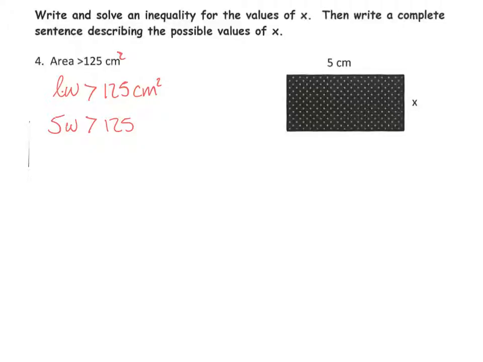Okay, so I want the area to be greater than 125. So that's why we need to figure out what the width has to be in order for that to meet that. What is the equation? No, I don't know. We were looking for an area. Okay, so now what's my next step?